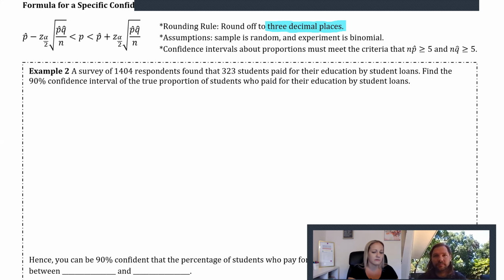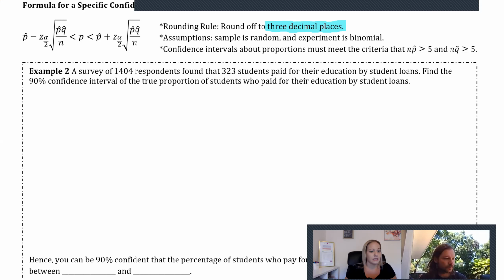Same thing for the number of people who don't have the characteristic, it needs to be at least 5. If either one of those is smaller than 5, then the confidence interval is probably not going to be accurate enough. All of the questions you're going to get will have those satisfied, but just know that in the real world, if you're doing this, you would want to make sure that you're satisfying that.